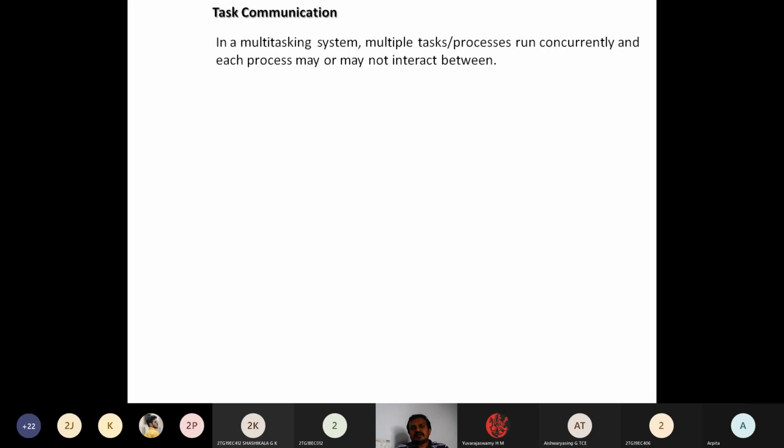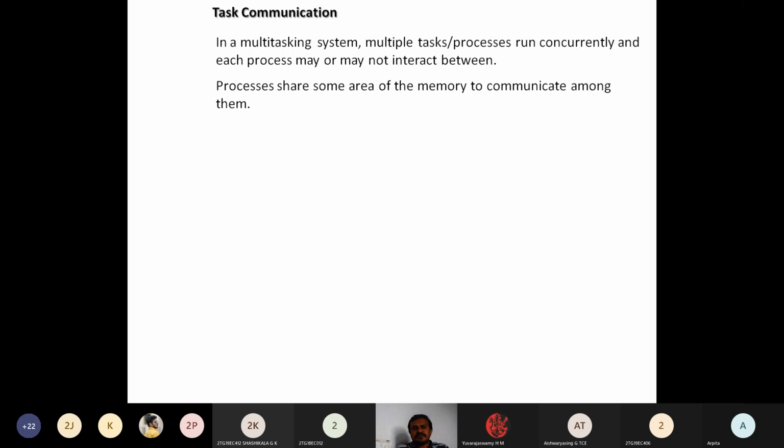In a multitasking system, multiple tasks or processes run concurrently, and each process may or may not interact. It is not mandatory that they communicate with each other, but some major applications or tasks, when working concurrently, do interact.